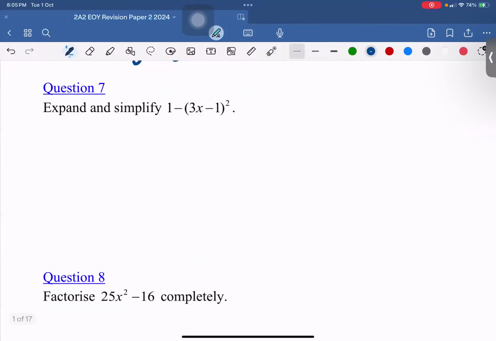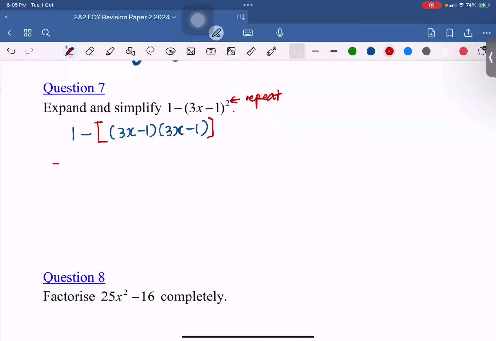This question will be 1 minus the whole of, when I have square, this means I repeat the bracket, right? So this will be 1 minus bracket 3x minus 1, 3x minus 1. So I keep my big bracket on my own. I add on additional brackets so that I remember to change the sign later.